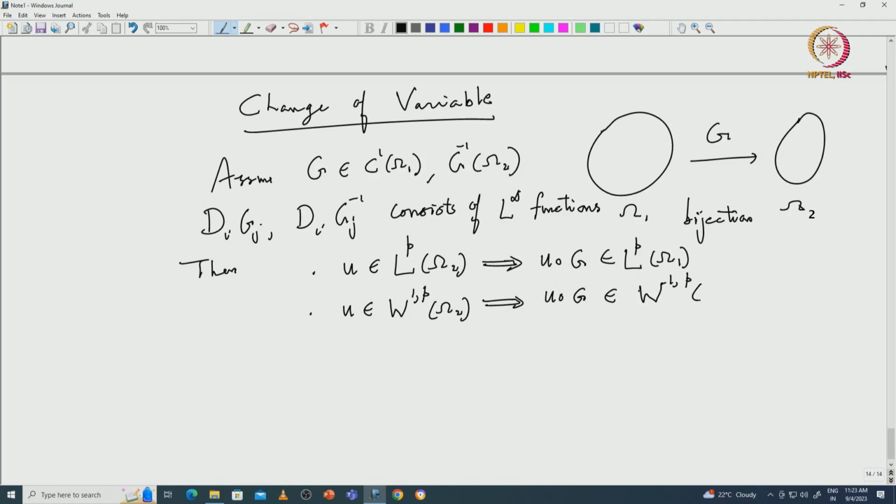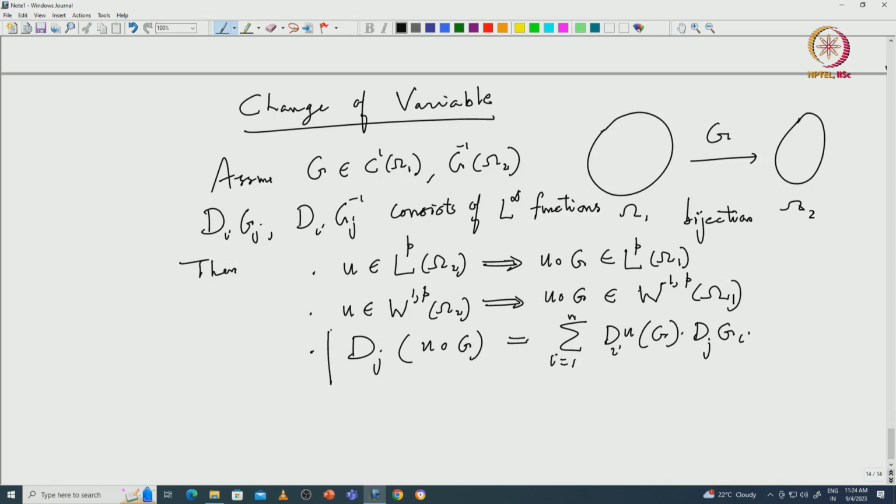Then you also want its derivative: d_j of u composition G is the summation of d_i of u evaluated at G times d_j of G_i, for i equal to 1 to n.